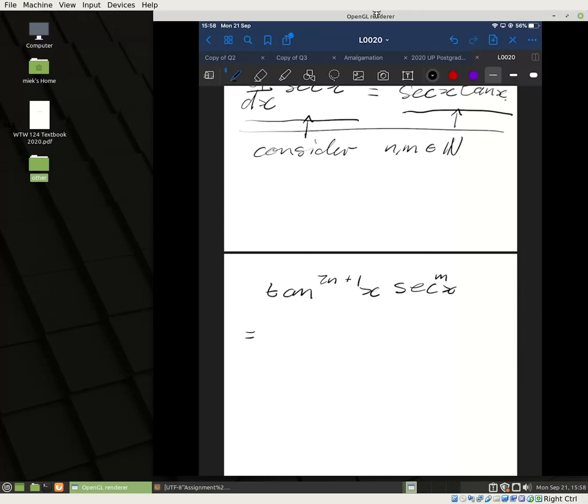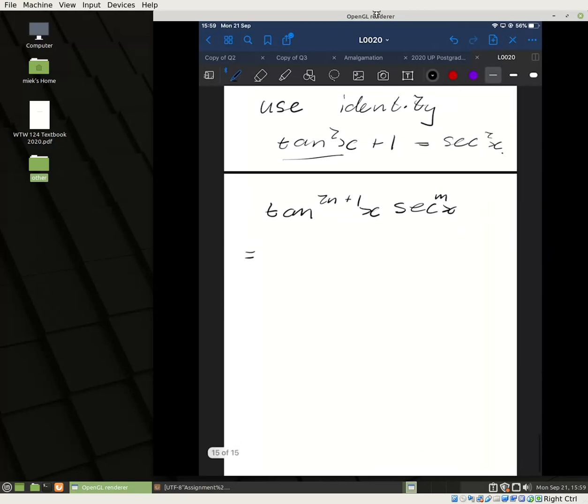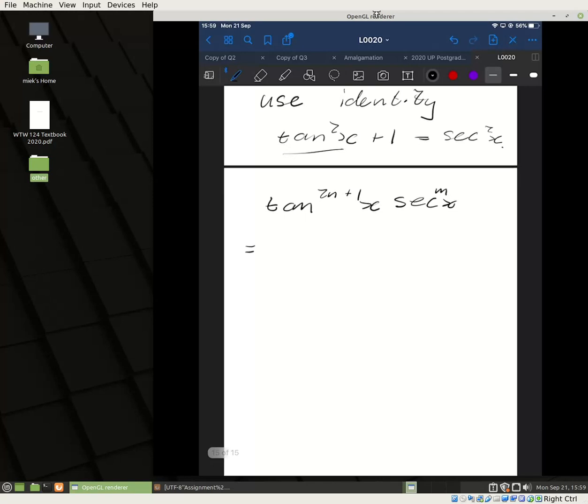Okay, and we can immediately see how we can get there if we use the trig identity tan squared x plus 1 is equal to sec squared x. So using this identity, we can convert tans into secs. So what will we do here?